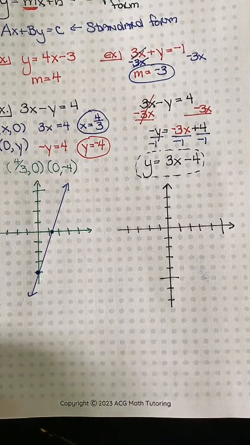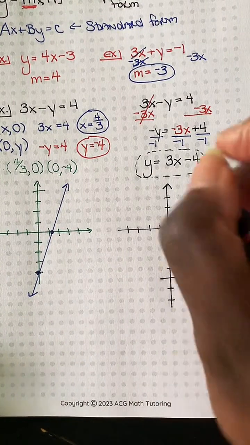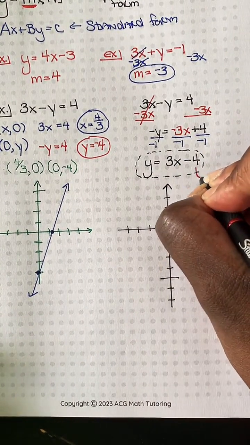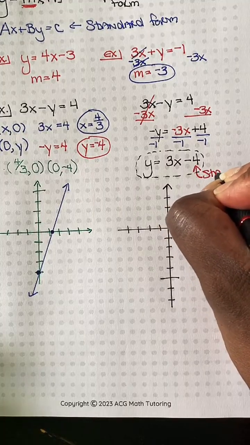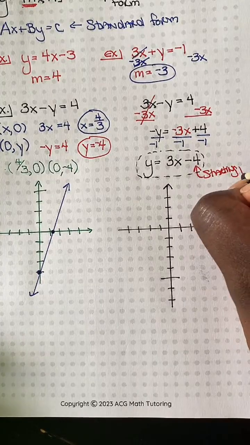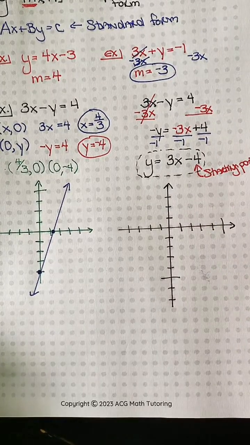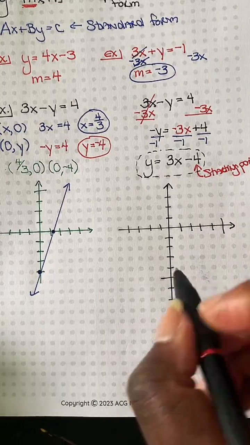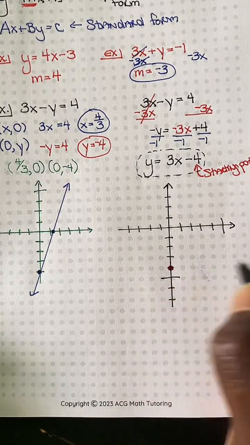When it's time for me to graph an equation of a line, this is what stops everybody. No one knows where to start. You always start with your constant. This is your starting point. My constant is negative 4, so I'm putting my first point at negative 4.